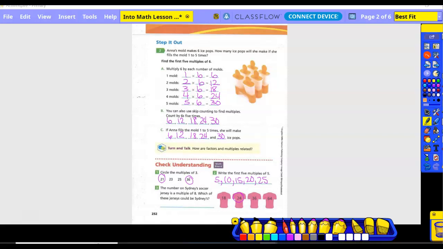What comes next? 40. What comes next? 48. What comes next? 56. And what comes next? 64. So 24 and 64.